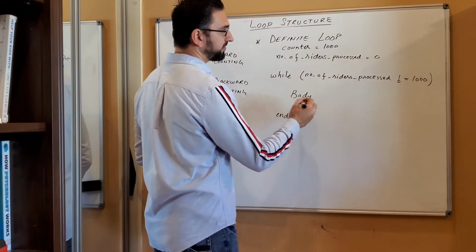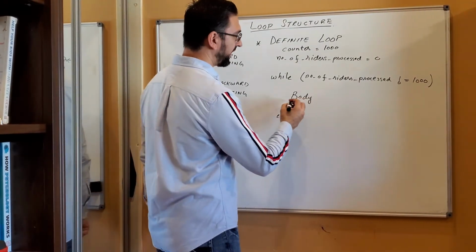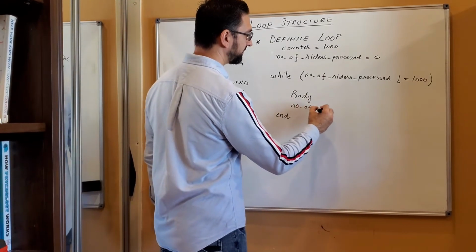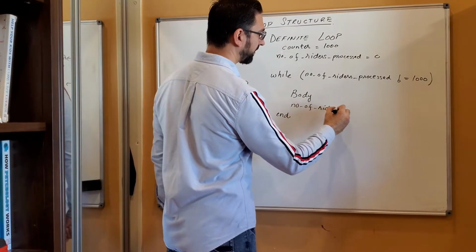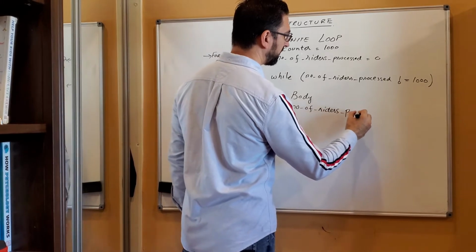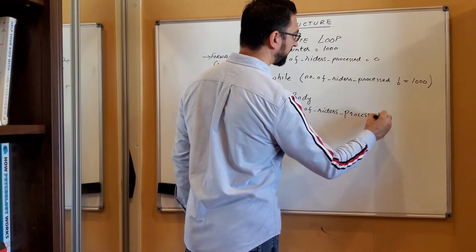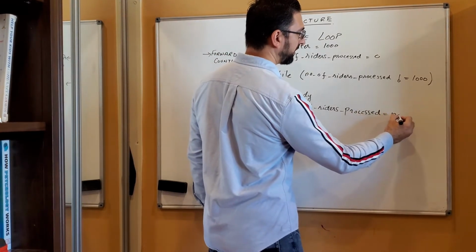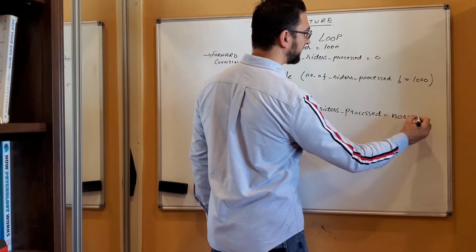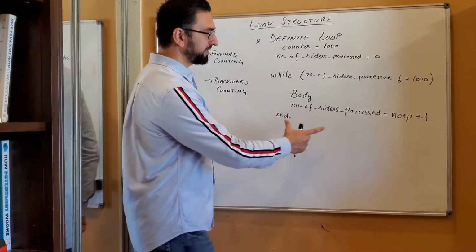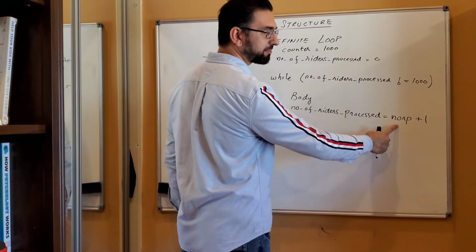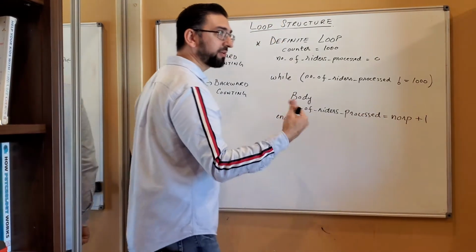And instead of decrementing the counter, after we execute the body, we can say number of riders processed equals number of riders processed plus 1. So we are incrementing the counter.